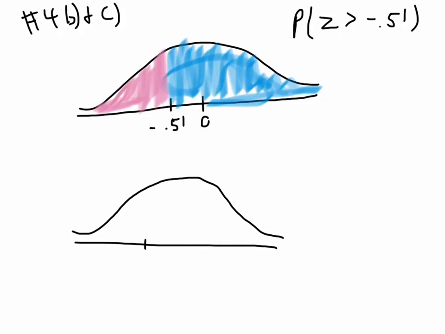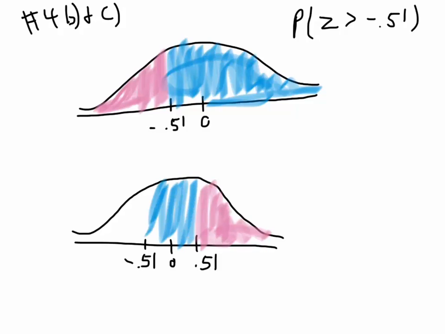But we know by symmetry that the area to the left of negative 0.51 is equal to the area to the right of positive 0.51, and also the area to the right of negative 0.51 is equal to the area to the left of positive 0.51. Alright, so this blue area is the same size as that blue area.